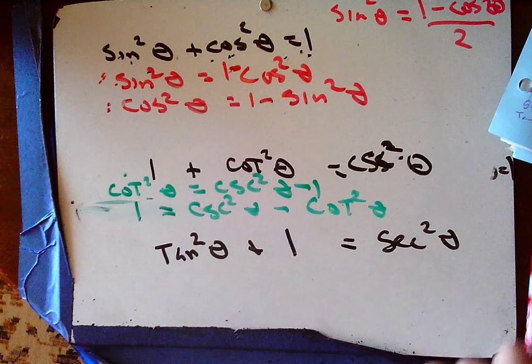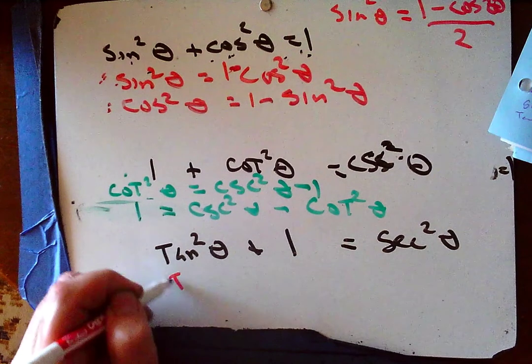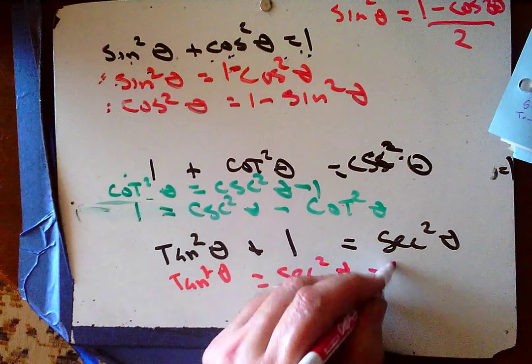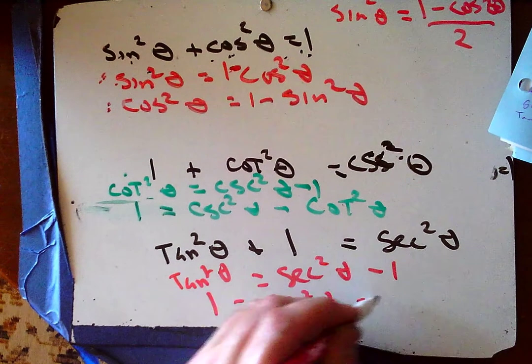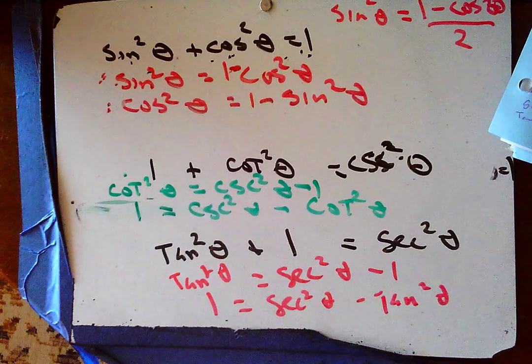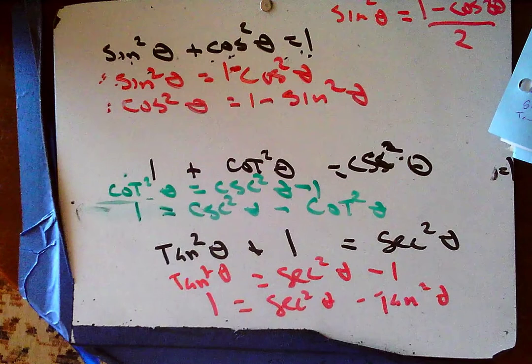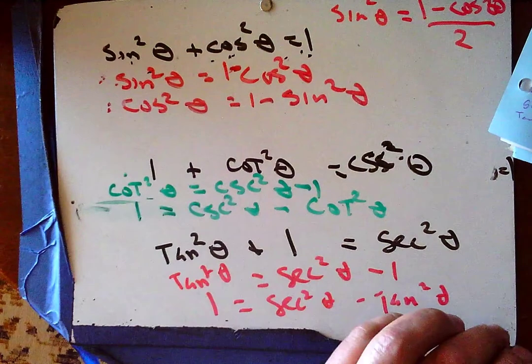Okay, and then finally, the rewritten versions of this one, I got tangent squared theta equals secant squared theta minus 1, or 1 equals secant squared theta minus tangent squared theta. Okay? So these are my, I guess you could call them 9, but really I think of 3 Pythagorean identities.